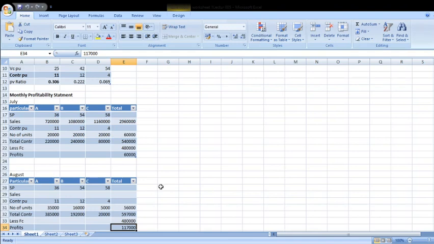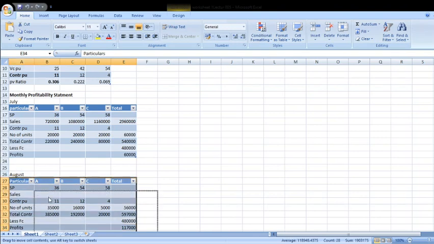So, how will you be able to justify it? Can you give any reasoning for more profits in August? Yes, the reason is the better sales mix in the month of August. Why is this sales mix superior to the sales mix of July?